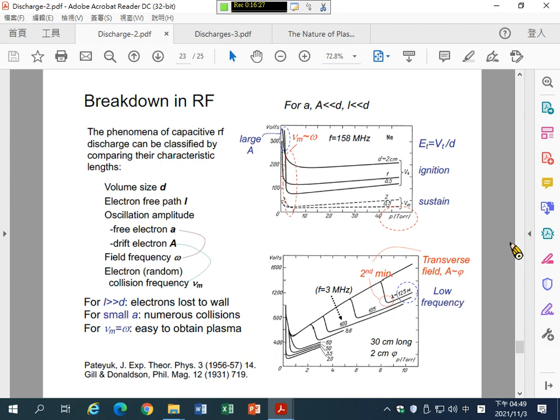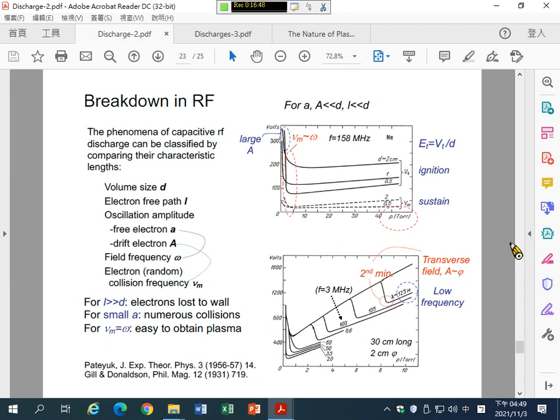At a certain pressure region, the RF output voltage required to generate plasma can be low compared to the left side. On the left side region, the pressure is very small.